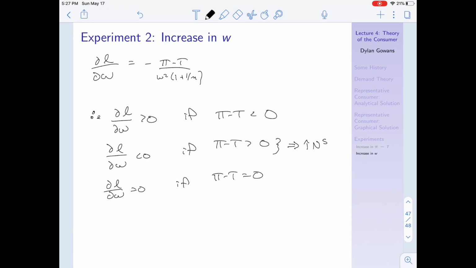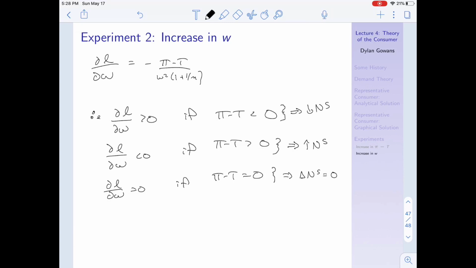But then the opposite is true in the case we haven't been talking about. If pi minus t is negative, then when we increase wage, leisure is increasing, which means that labor supply is falling. And in this final case, there's no change in labor supply.